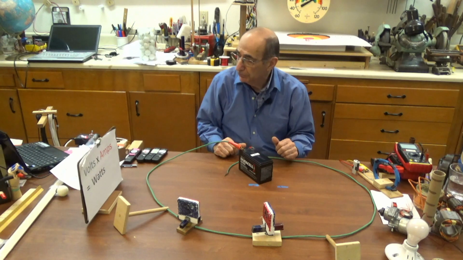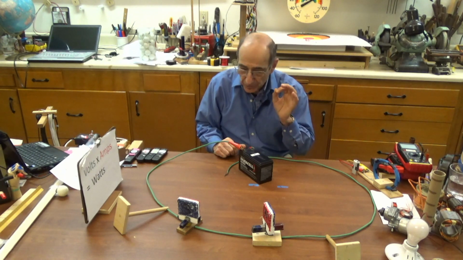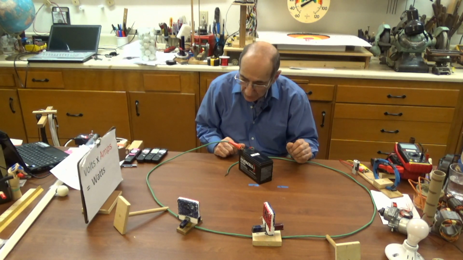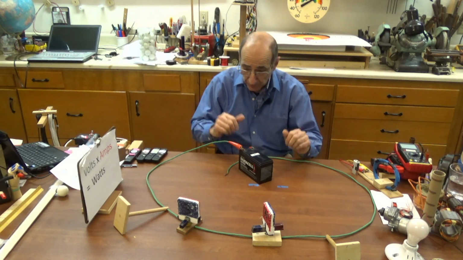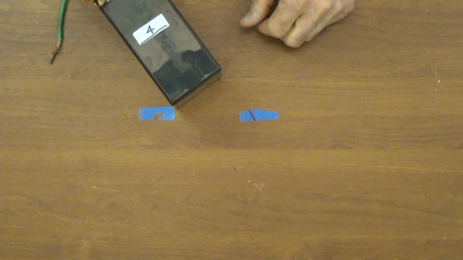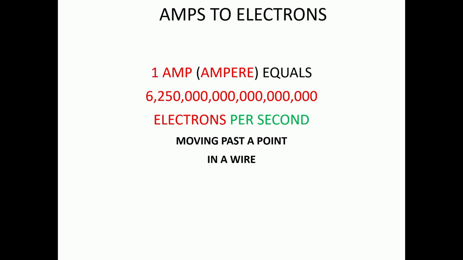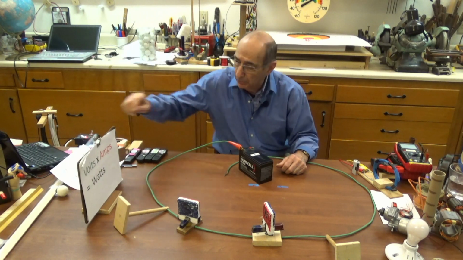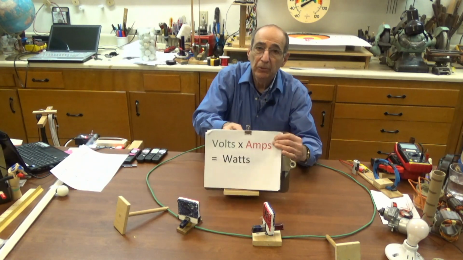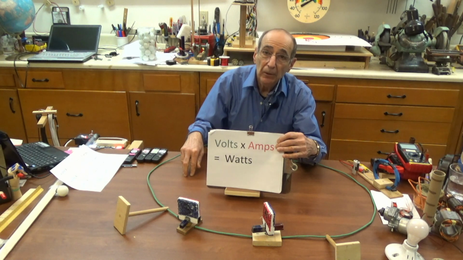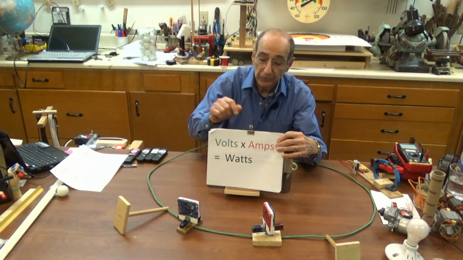Electrons are tiny, and we move a lot of them in these experiments. If you even had microamps, a millionth of an amp, you would still have a very large number to work with. So we will work with amps, okay? That will be the unit that we'll be working with. And remember that volts times amps equals power in watts.